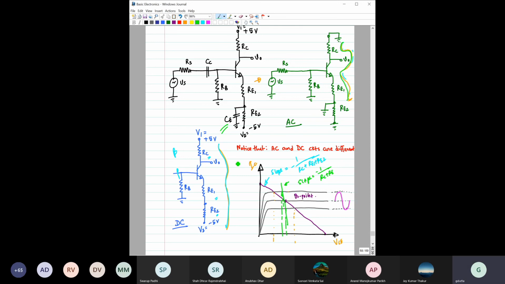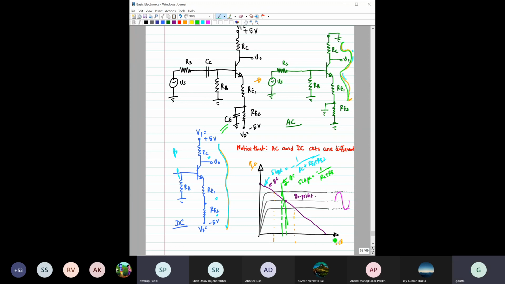So what you drew now is the DC load line, right? This purple color is the DC load line, and this green one is the AC load line. Yes, sir.